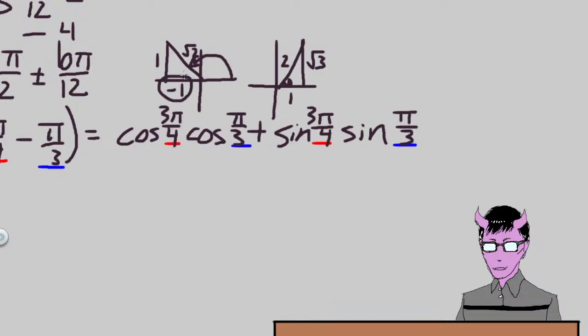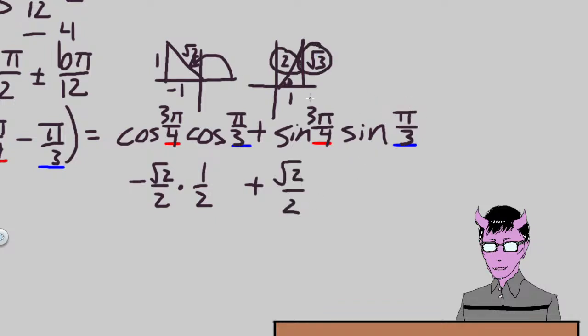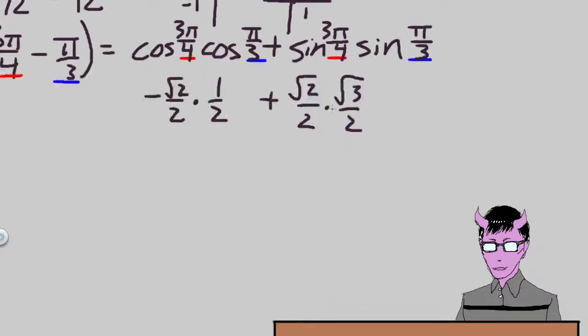So cosine of this one is adjacent over hypotenuse, so it's going to be negative root 2 over 2. Cosine of pi over 3, a familiar face. Sine of 3 pi over 4, opposite over hypotenuse. Sine of that one, opposite over hypotenuse. Familiar numbers, yet again. It's to be expected.